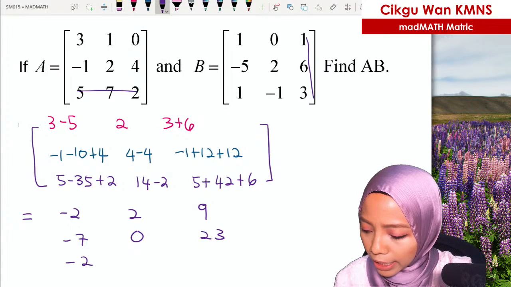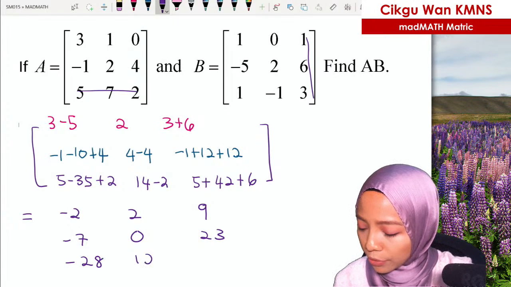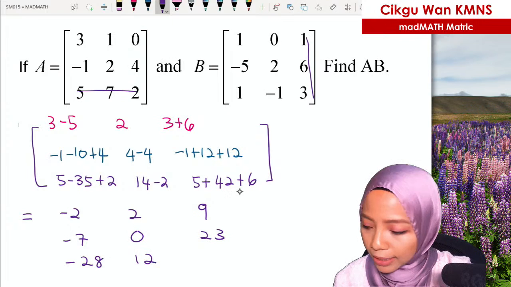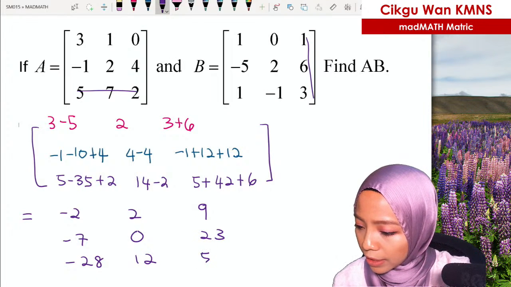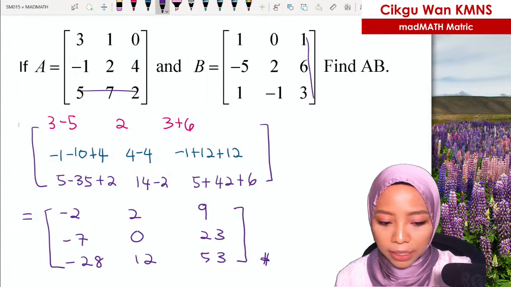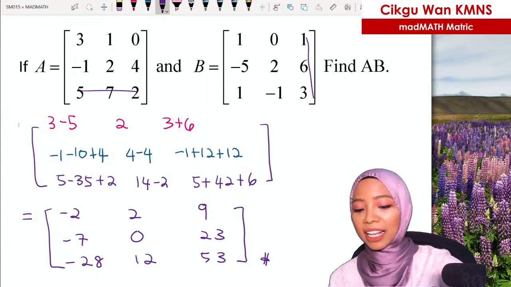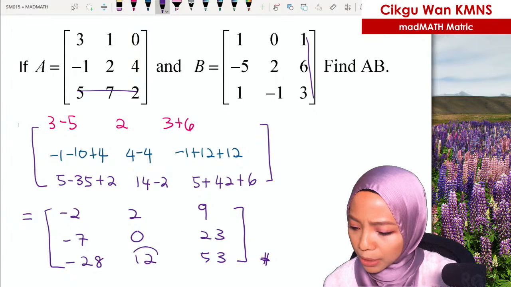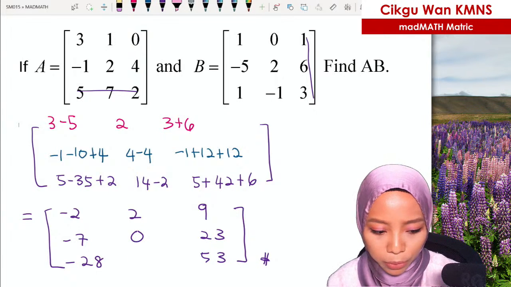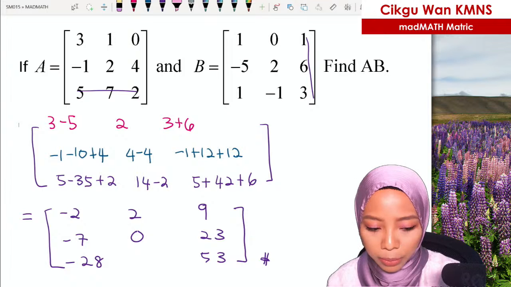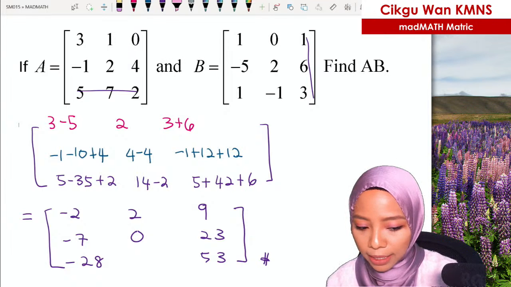Negative 28. 14 minus 2, 12. 42 plus 6 plus 5 gives 53. Okay, so this is our final answer. Betul ke tidak? Ini 14 tolak 2 ni. 14 tolak 2 berapa? 12 kan?